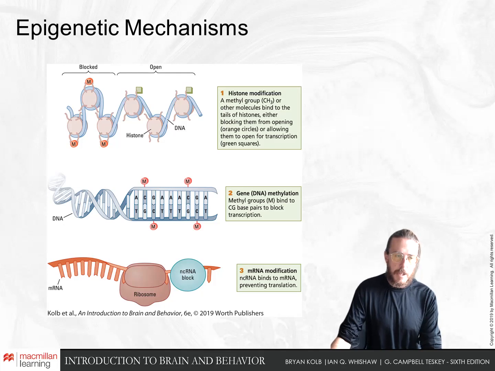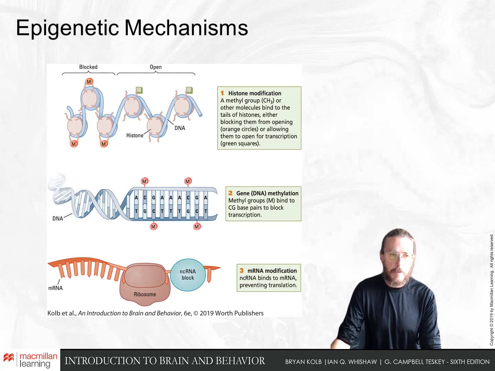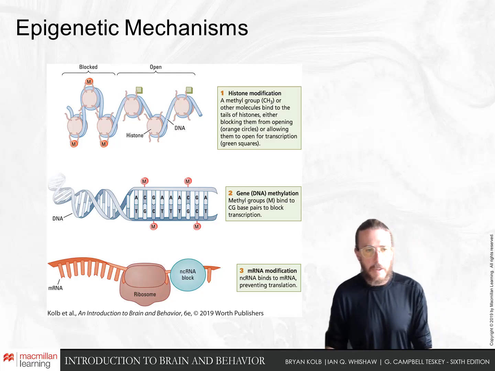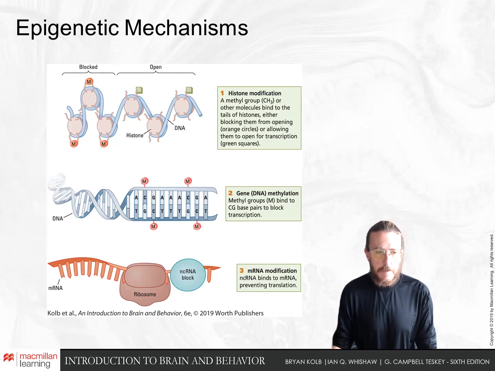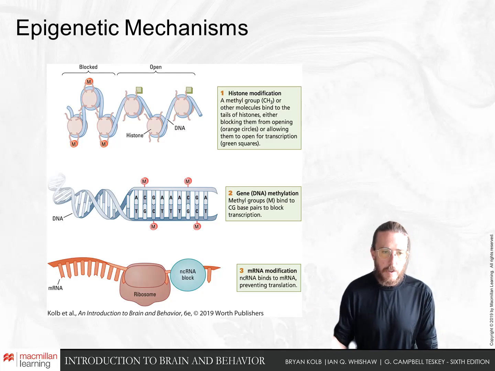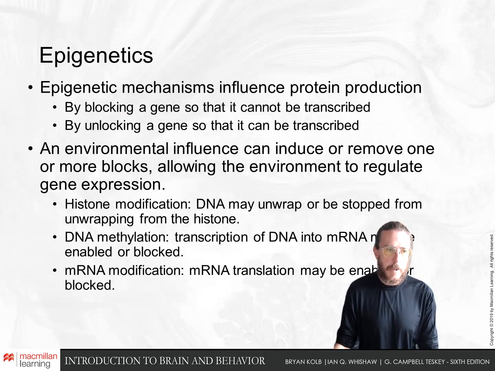So one way the environment could influence the expression of genes is by influencing these methyl groups. The methyl groups could also attach themselves to the DNA and block the transcription process. And you can even have RNA that blocks the mRNA from being translated, and these could all be influenced by environmental factors.